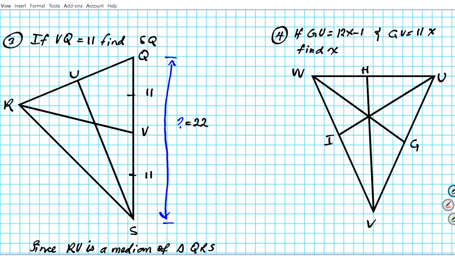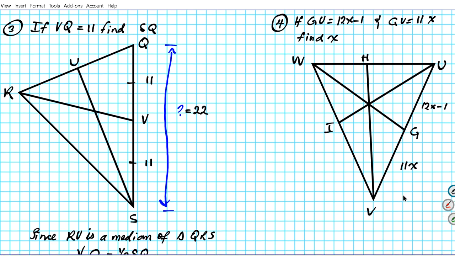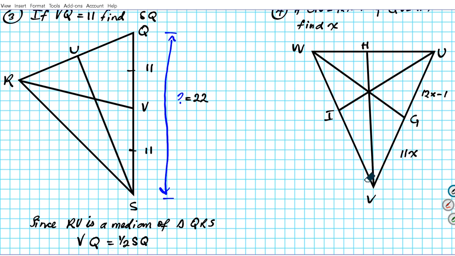Okay, so we're solving for x here. So let's populate the triangle with the given information. So GU is 12x minus 1 and GV is 11x. So we want to find x. Okay, so with this given triangle and the fact that these are medians, what relationship can we generate?